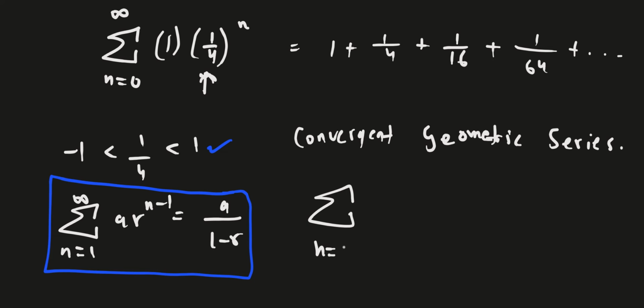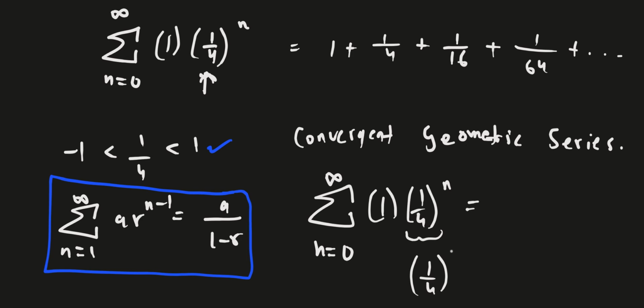So this n equals 0 to infinity is 1 times 1/4 raised to the n. If we wanted to get it to the n minus 1 form, what should we do? Well, we have to think a little bit. If we were to write this as 1/4 raised to the n minus 1 power, and then multiply this by 1/4, what would happen? 1/4 raised to the 1 power.